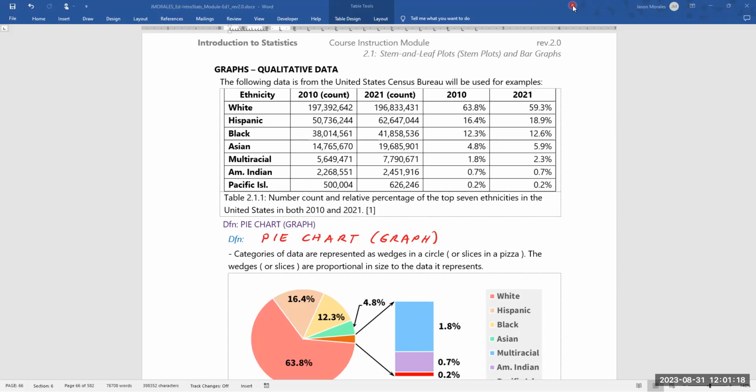This first column in 2010 is the frequency, and 2021 is the frequency. These two columns are relative frequency, which you can tell based off of the percentage values here. We're going to be using this data to give an example of pie charts.